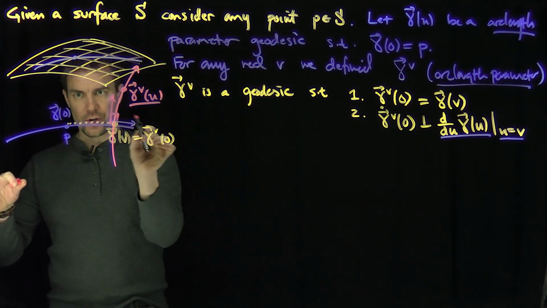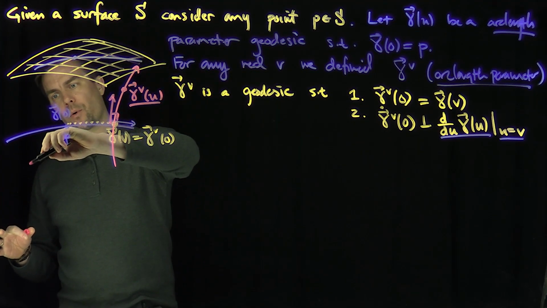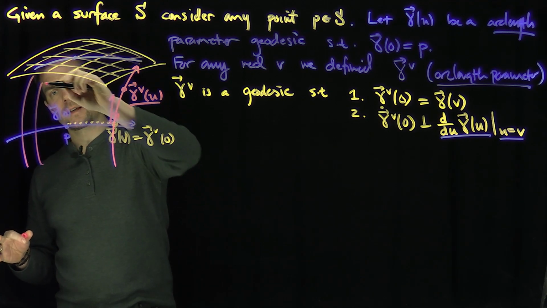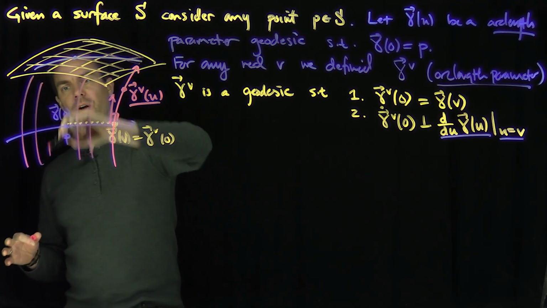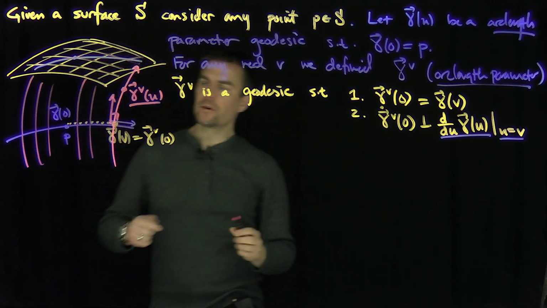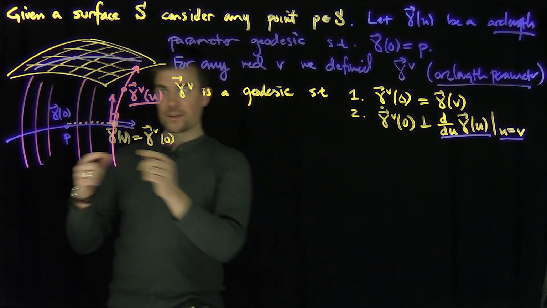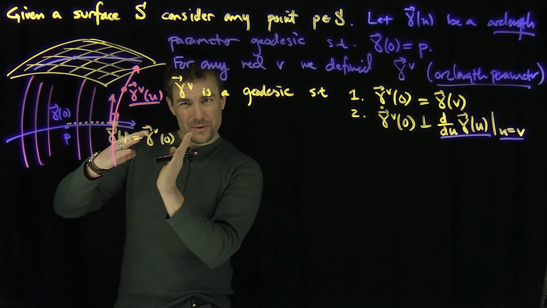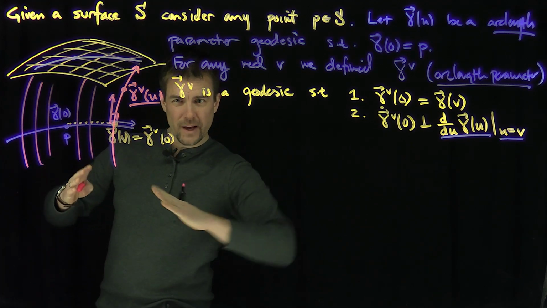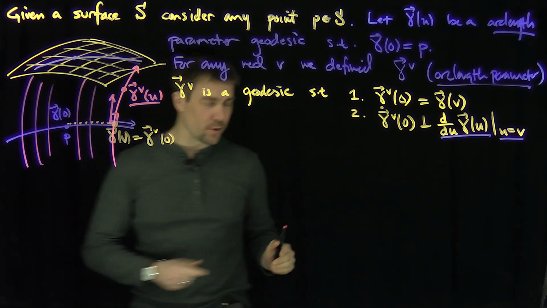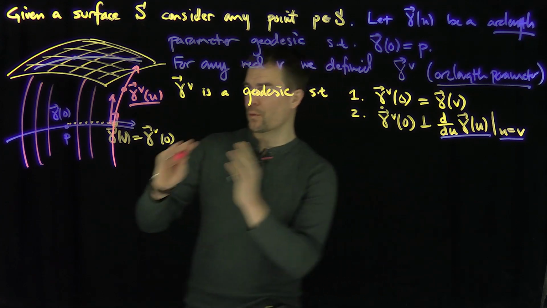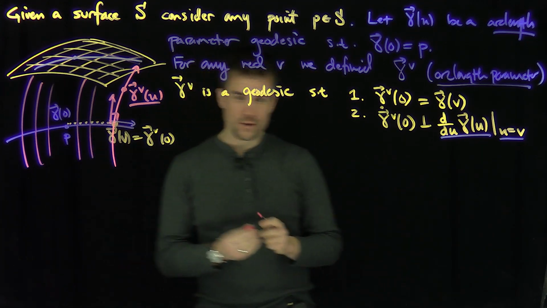So what I have is this base geodesic over here, right? At every point on this, I'm going to draw more geodesics like this. What I've done now is construct a coordinate system, almost like a ruled surface, but now the rulings are geodesics.